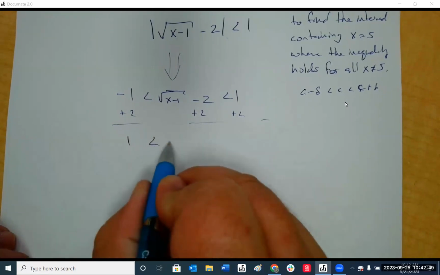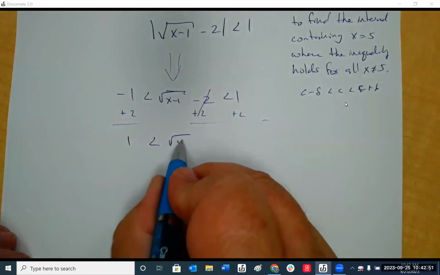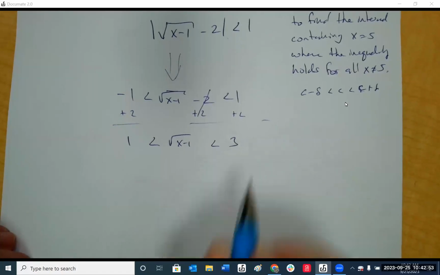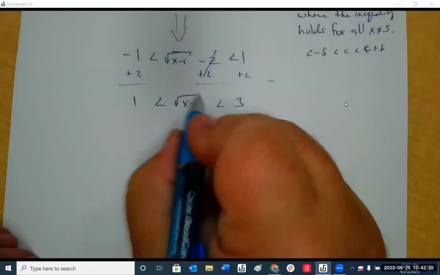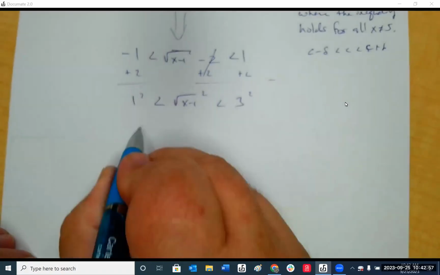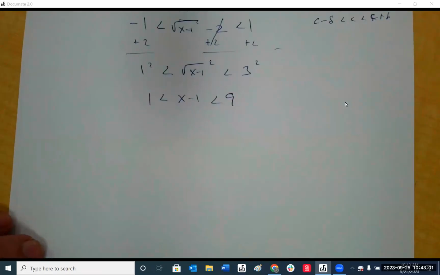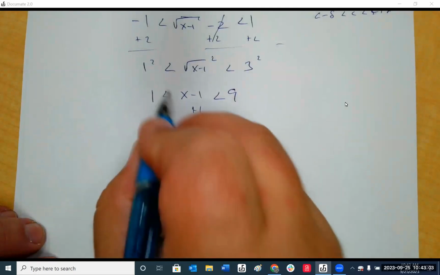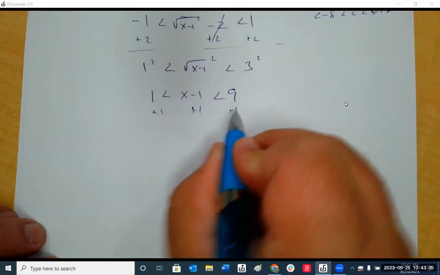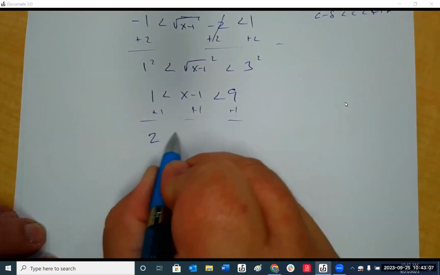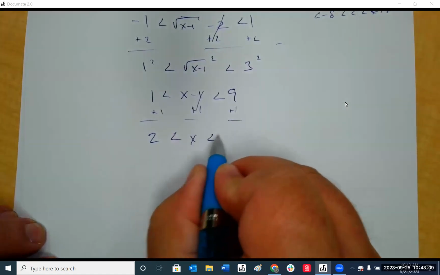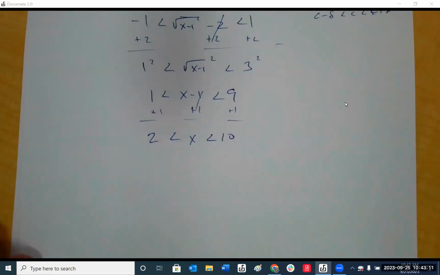So it's 1 < sqrt(x - 1) < 3. Square each term, and add 1. So it's 2 < x < 10.